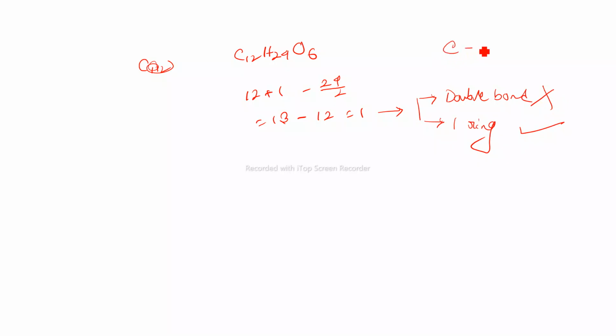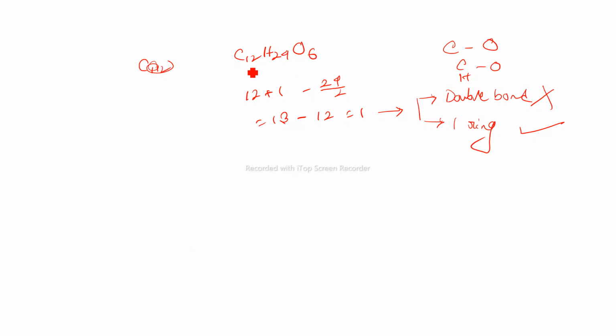And we know from the 13C that a C-O bond should be there, and the molecule should be highly symmetric. For that, you see oxygen 6, carbon 12.